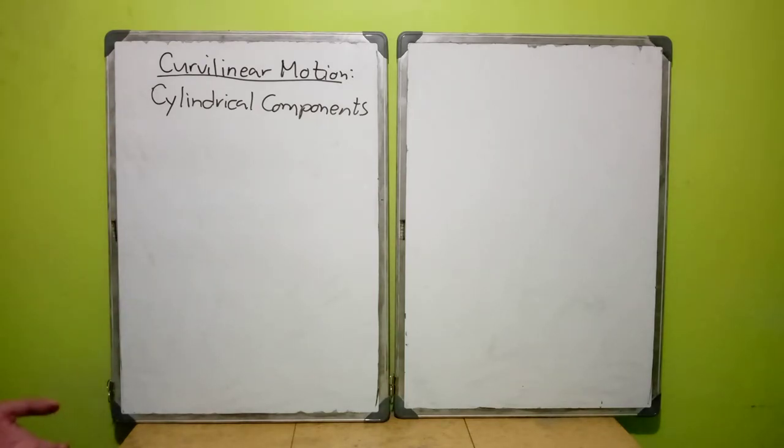Today we will continue discussing curvilinear motion, cylindrical components. In the past two lessons, we have discussed curvilinear motion in terms of rectangular components and normal and tangential components.